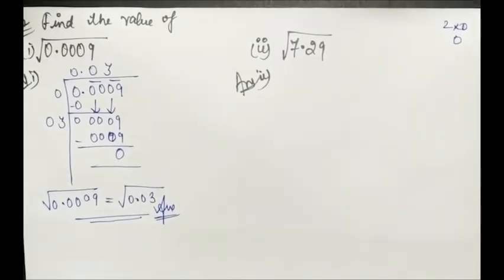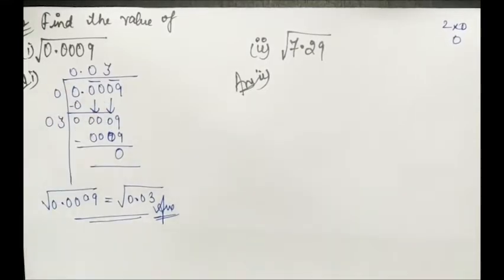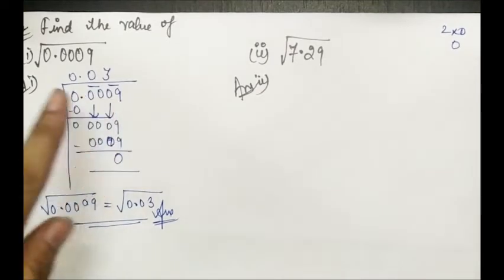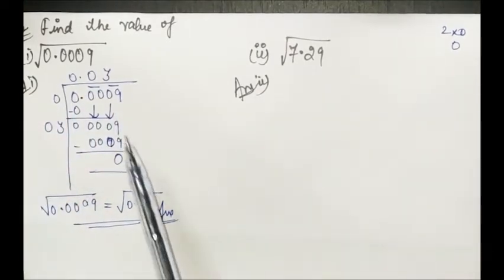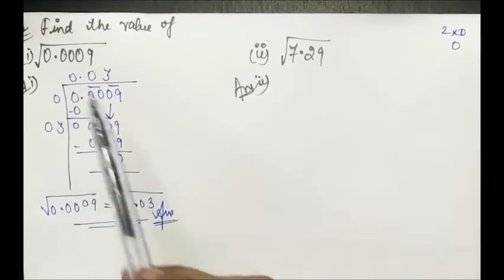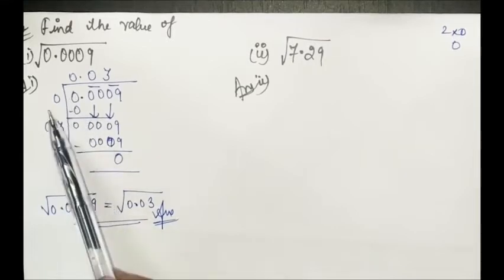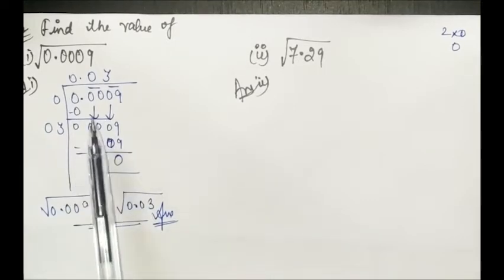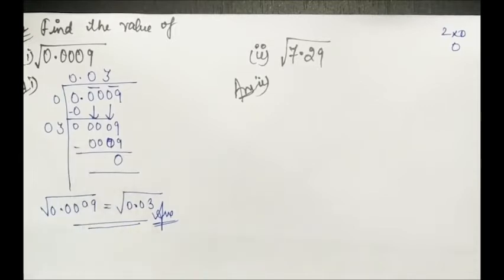So this is the answer for the above part. I hope you understand this much, the first part. Let me tell you in brief how we have done this. Firstly we made pairs, 1 pair, 2 pair, and we haven't made any pair with 0 as there is no number before 0. So firstly 0 zeros are 0, simply 0 came here. Now the 1 pair we have to put below, so this 1 pair is coming down.